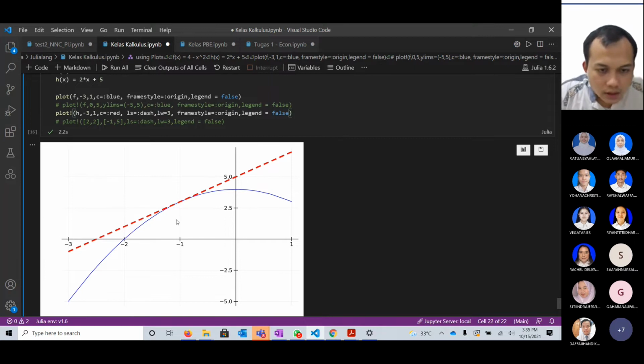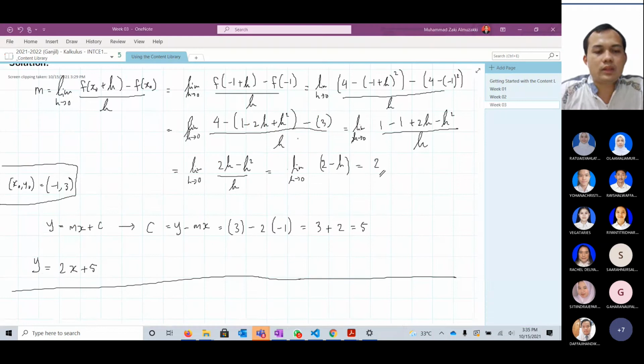As you can see here, when x is equal to -1, f of x is 3, and the tangent line at that point (-1, 3) is this straight line, which is represented by this equation. So is it clear?